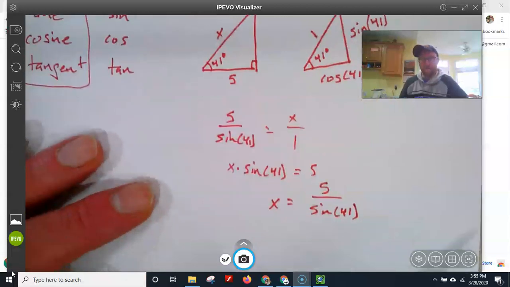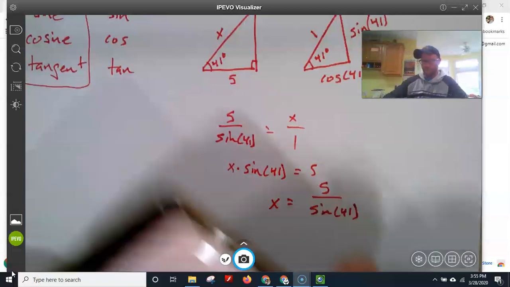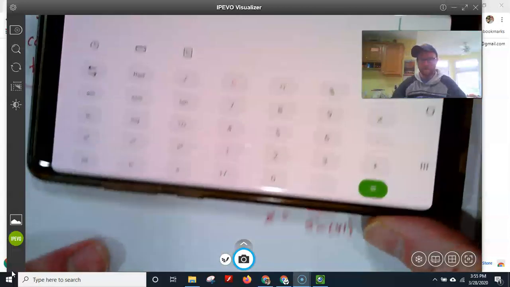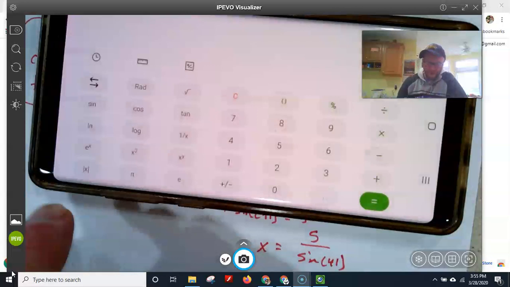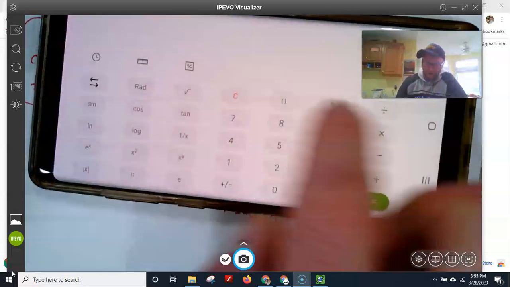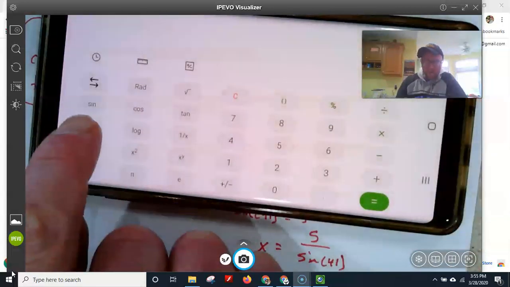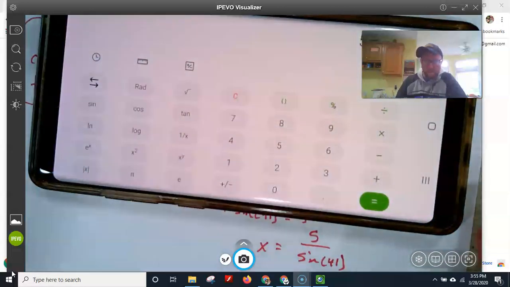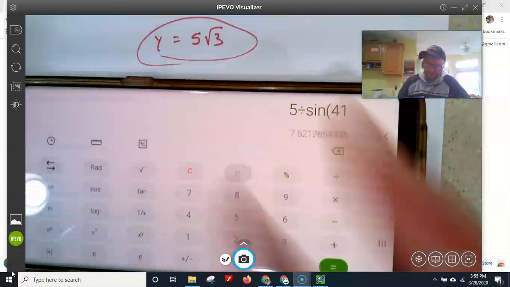And then I have to go over here to my calculator, which I'm just going to use my phone calculator for this. I have 5 divided by, in parentheses, sine of 41 degrees.